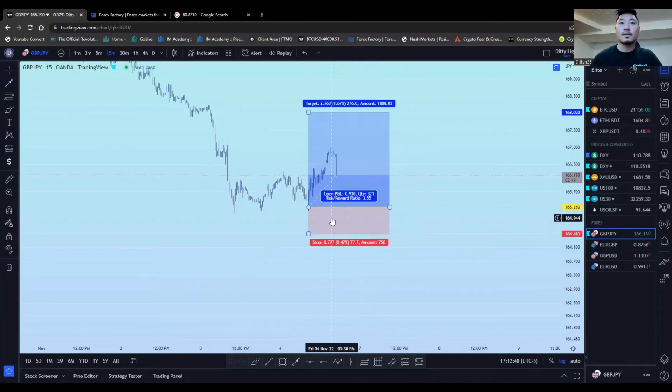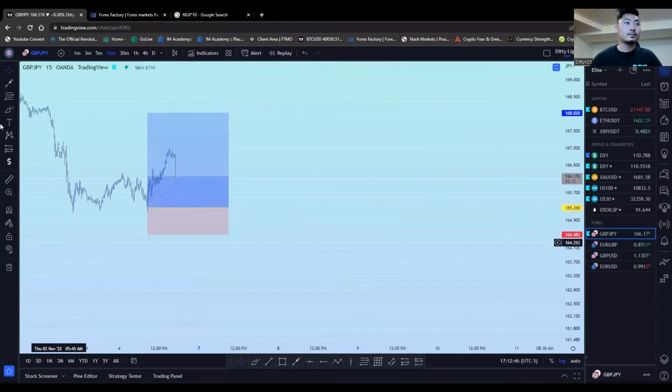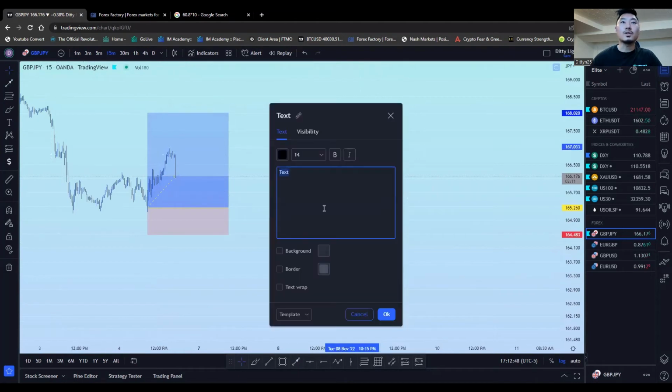So let's say you will risk 77.7 pips in that setup, and we have a 100K account. To find the lot size, let's say 1%. 1% of a 100K account is $1,000.